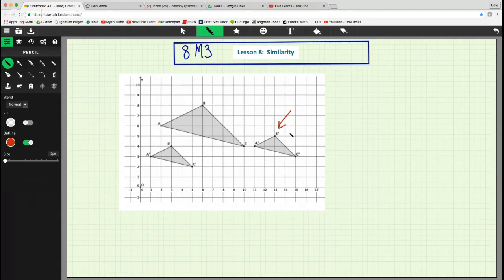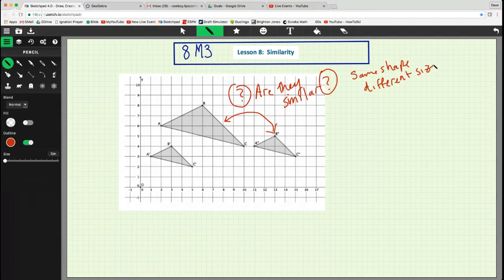And the question is, are these two shapes similar? In other words, are they the same shape and maybe different size? These are clearly different sizes, but are they the same shape?